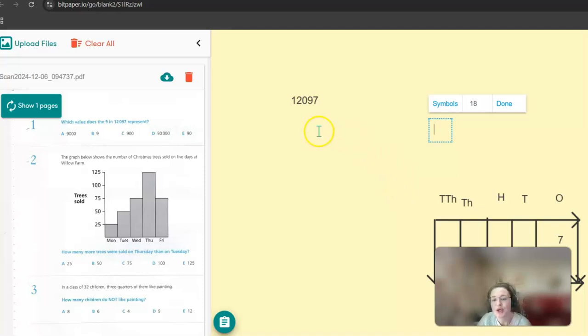What does it represent? Well, we know that because it's next to the 7 that it's going to have a different value, in that it's not just going to mean 9 ones, it's actually going to mean 9 tens. In other words, that 9 represents 90.